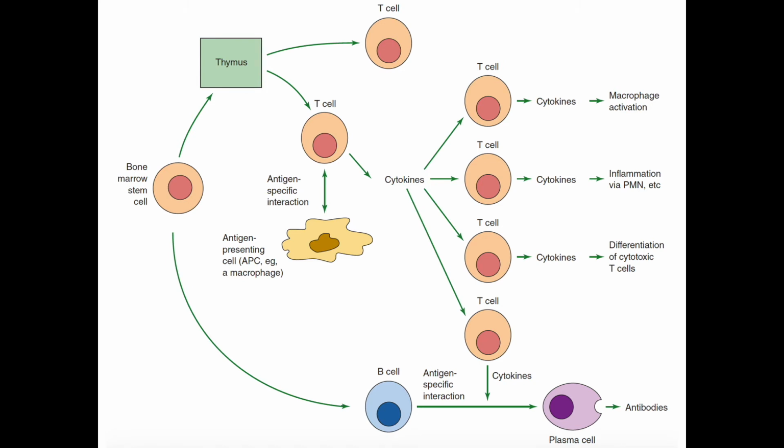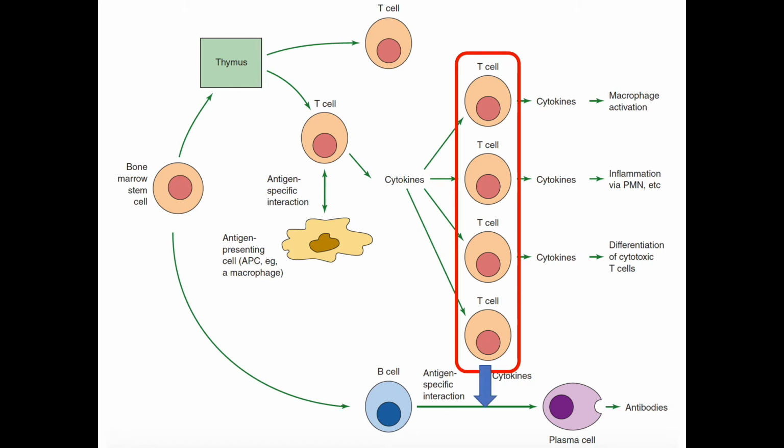Now, both subsets of T cells produce cytokines, become activated, and expand by clonal proliferation. The CD4 T cells that develop stimulate B cells to produce antibodies and promote delayed hypersensitivity, while the CD8 T cells direct their activity mainly at the destruction of cells in tissue grafts, tumor cells, or virus-infected cells.